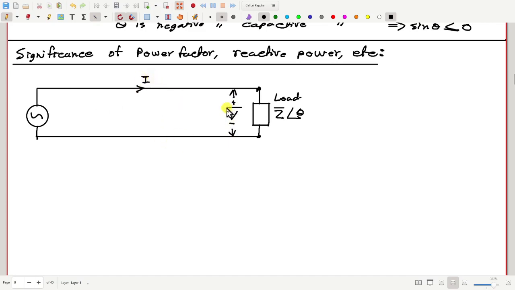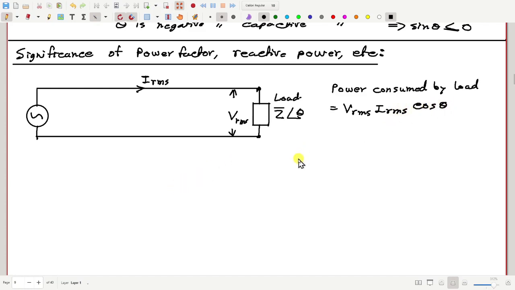Let me just write the RMS values. This is VRMS, this is IRMS. Then the power consumed by the load will be equal to VRMS IRMS into cosine theta.